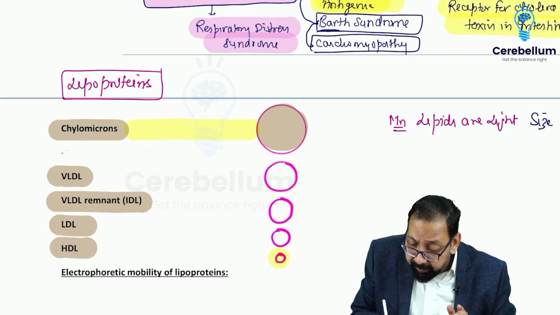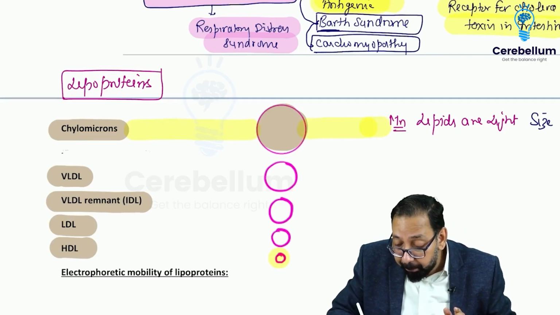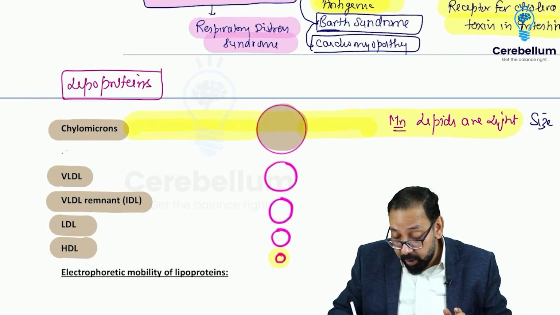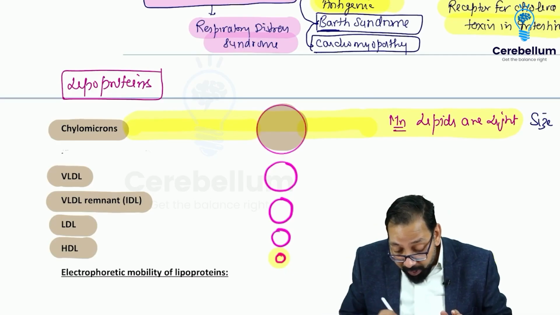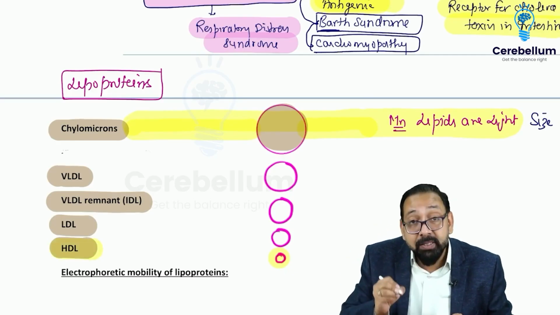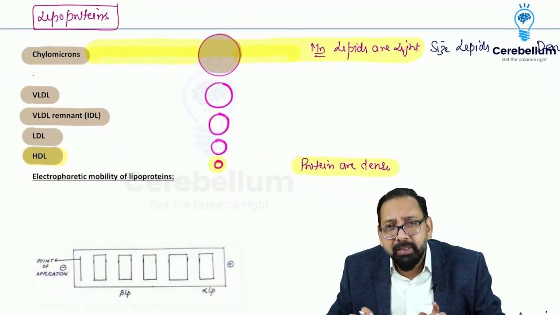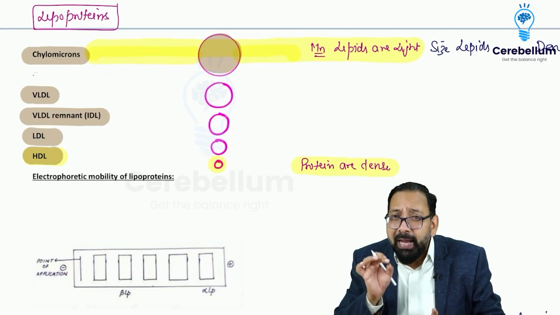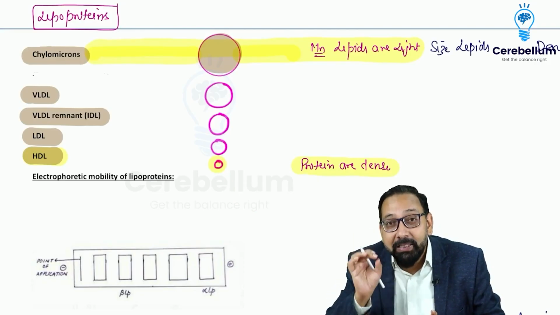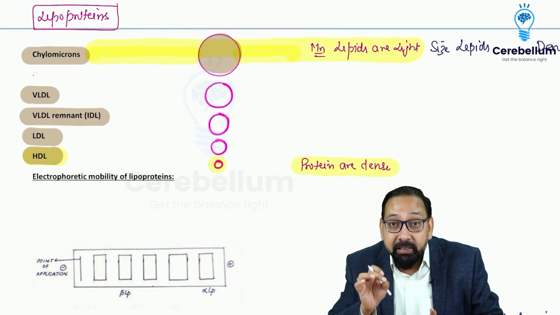You know, lipids are light, while proteins are dense. So HDL means high density lipoprotein. In HDL, you will find maximum protein and maximum density.